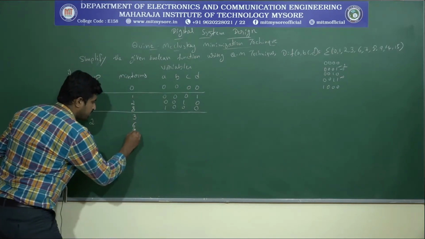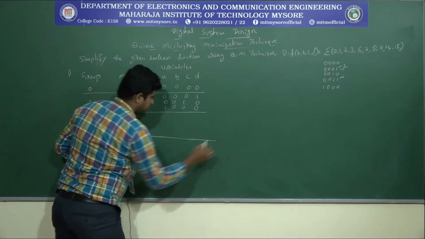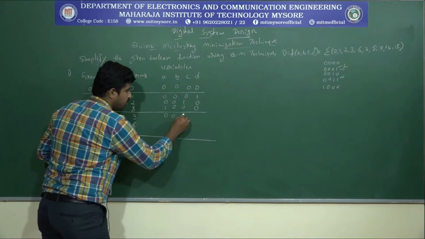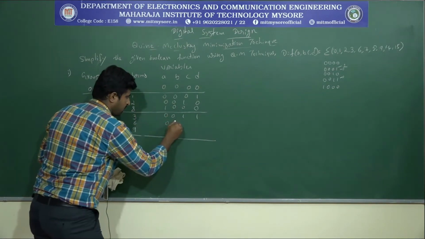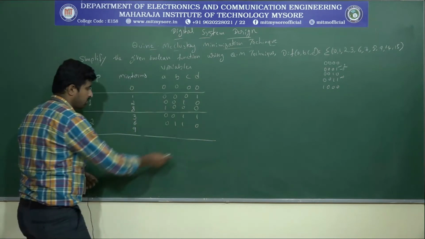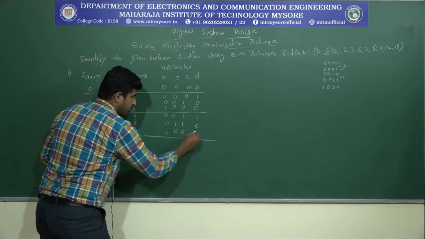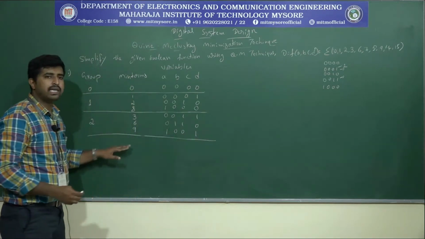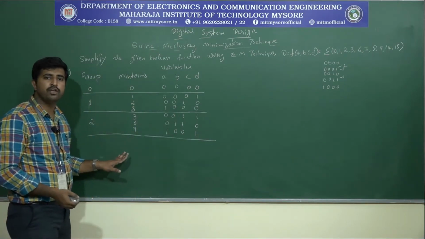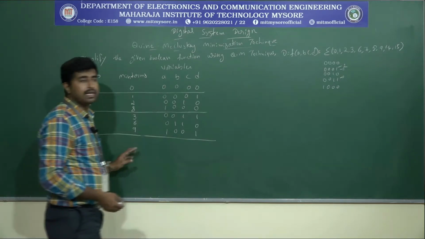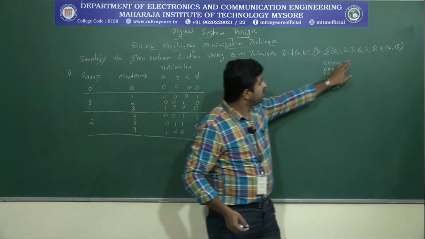3, 6, 9. So 3 corresponds to 0, 0, 1, 1, 6, 9, 1, 0, 0, 1. Now, next come the min terms which have three 1s.